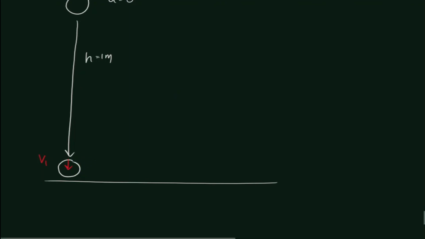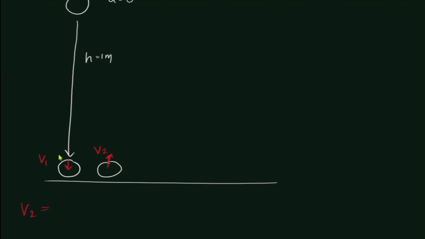Once it rebounds, what happens? When it rebounds, its velocity changes. Its velocity now is not v1, it's v2. They have told us that in one bounce, the velocity reduces by 25%. So what is the remaining velocity?